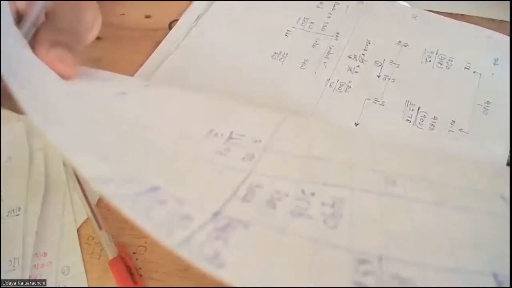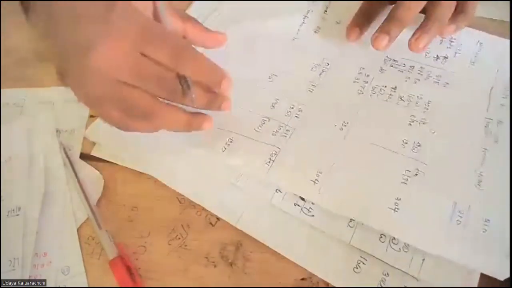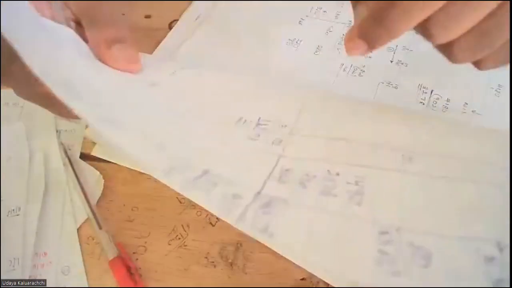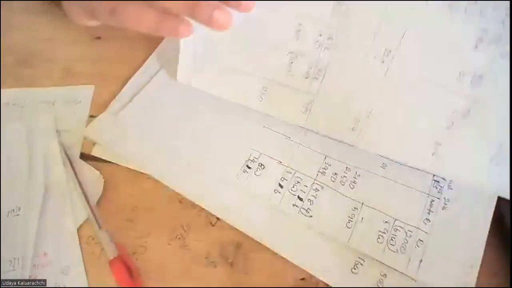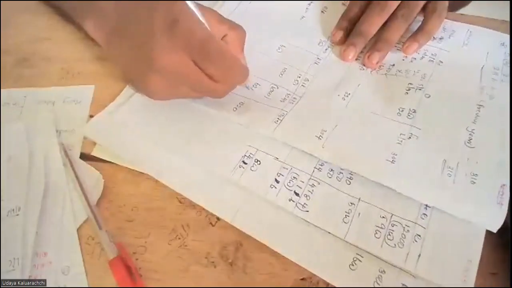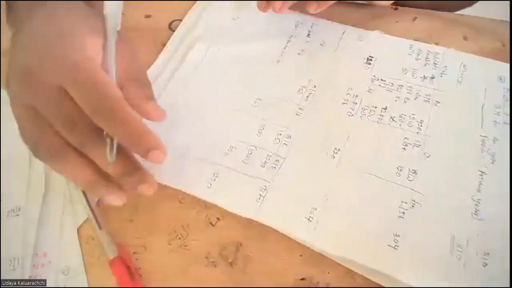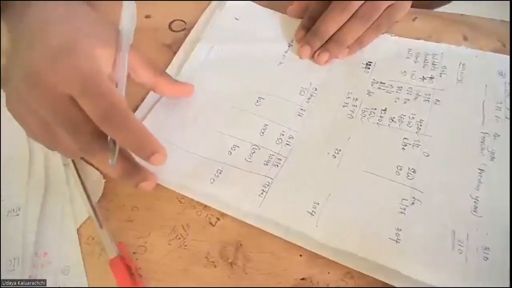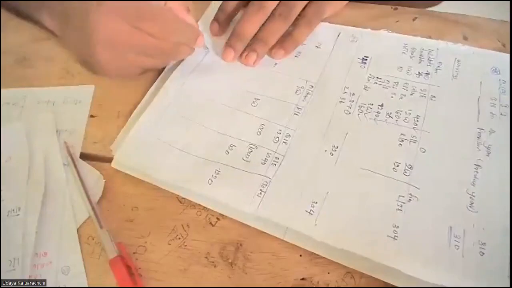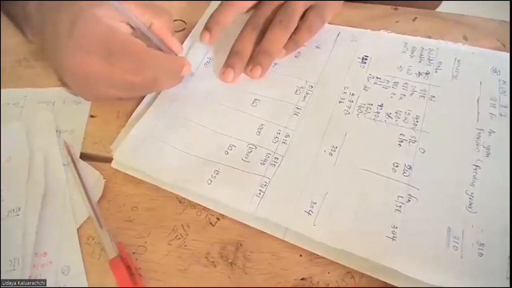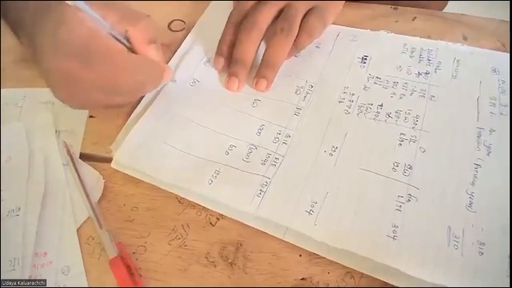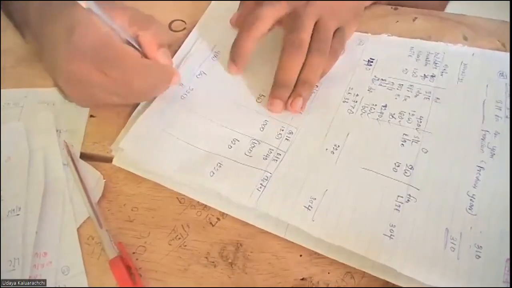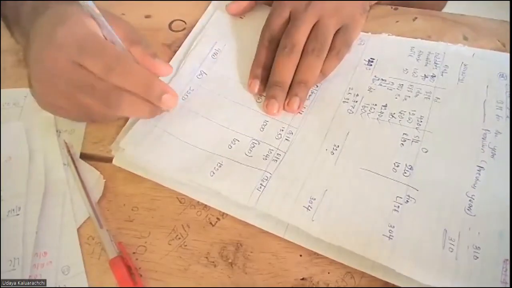Then revaluation surplus, it is 600. Then profit after tax, it is 620. You have to record under retained earnings. Then ordinary shares 9,000. Revaluation reserve 600. Then general reserve 2,250.